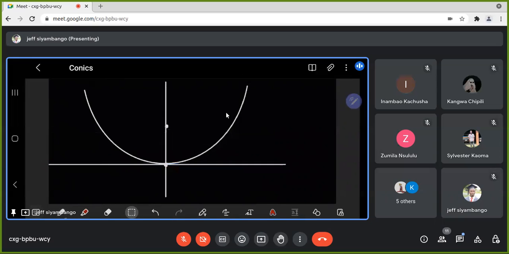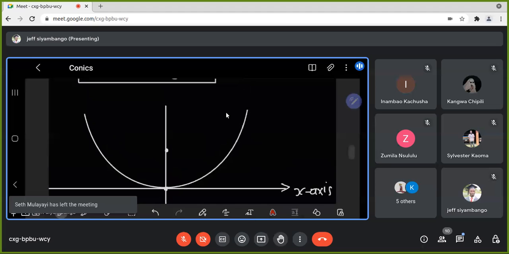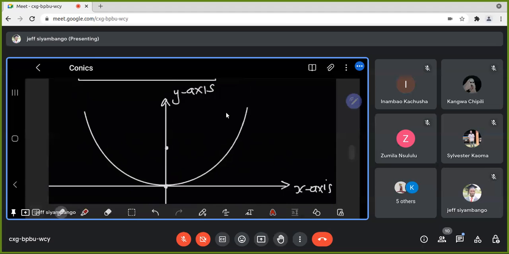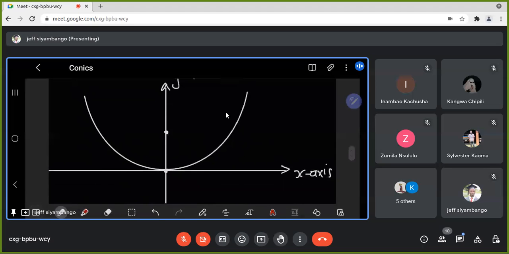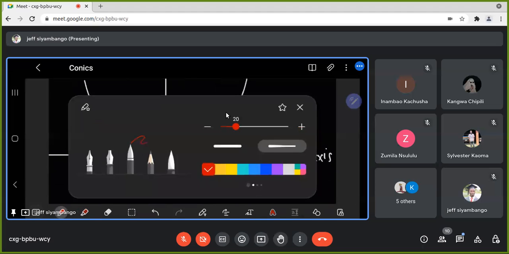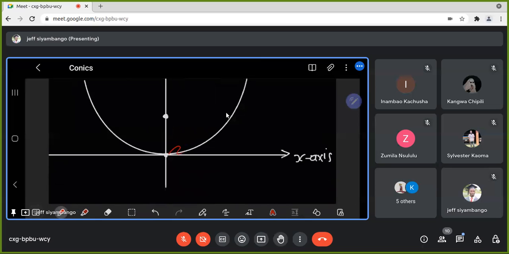So in this case, of course, this is our x-axis. And this is our y-axis. So here, p becomes the distance from this point, from here going upwards up to here, so that is p, and also from here going downwards up to where the directrix is.